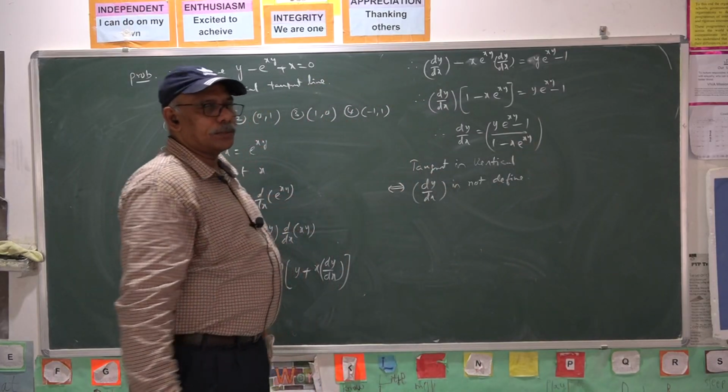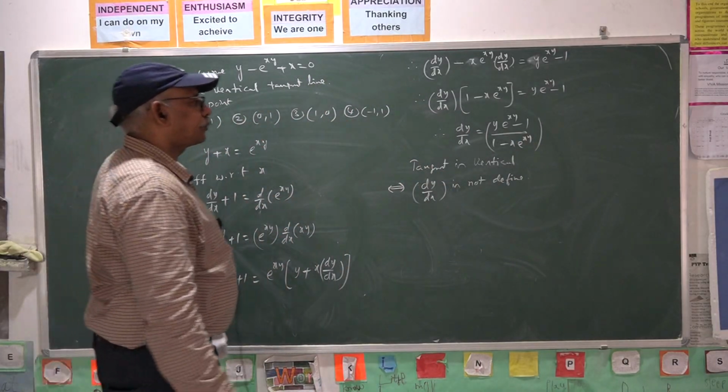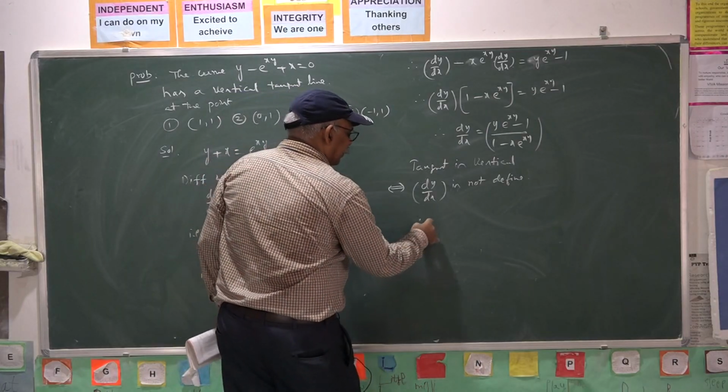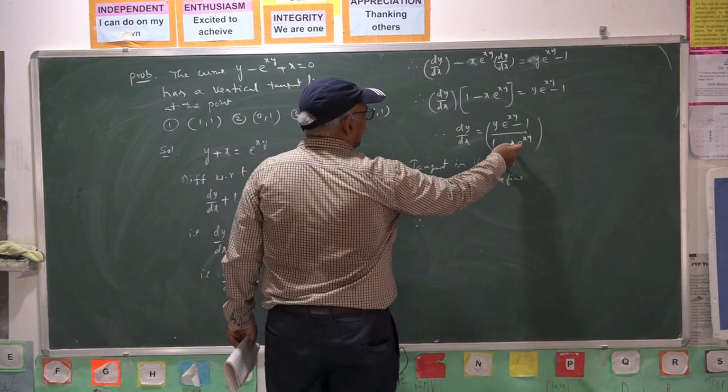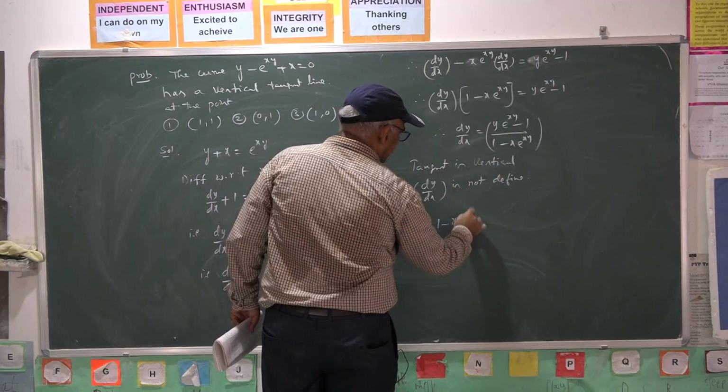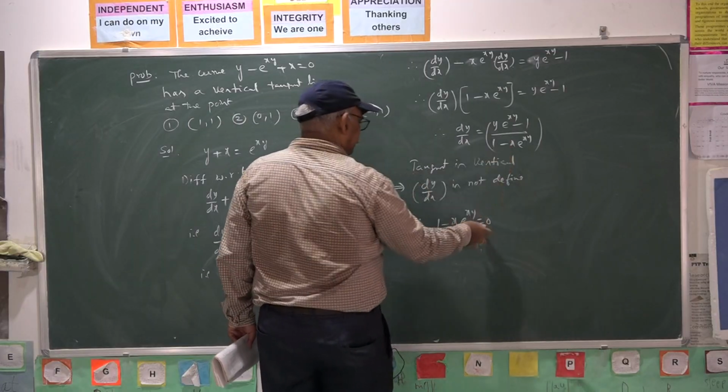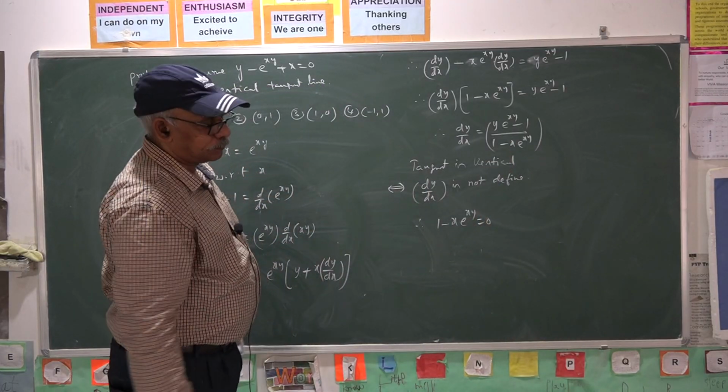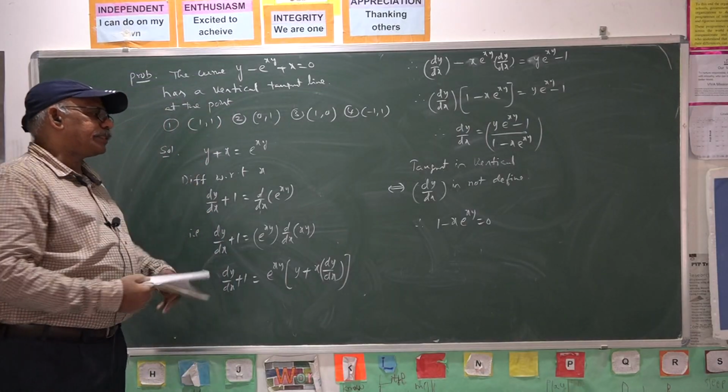The slope of the tangent is not defined. Therefore, dy by dx is not defined means 1 minus x e power xy is 0. The denominator is 0. The point satisfies that relation.